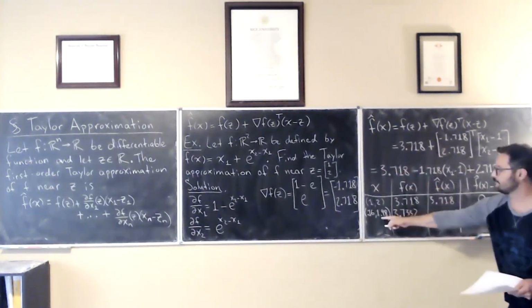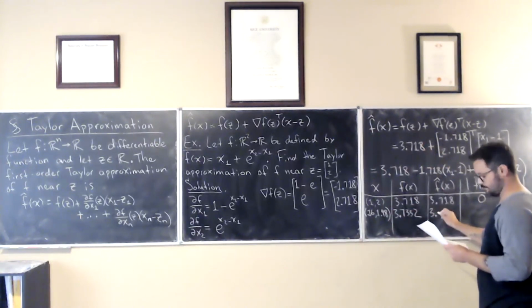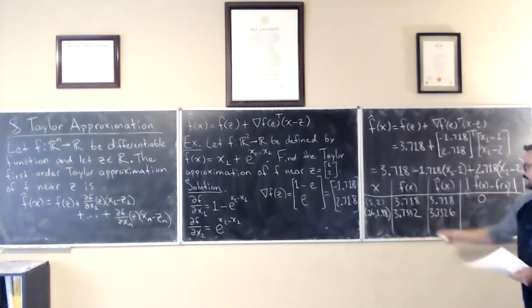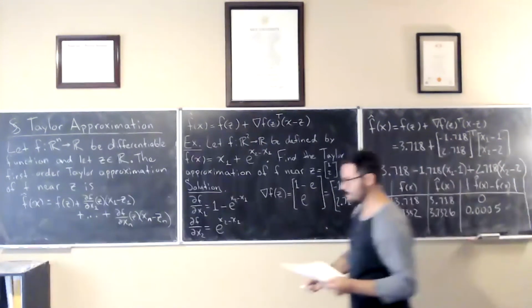If we plug that vector into this function, we get 3.7326, and then that minus that in absolute value gives us 0.0005. So that's our error, and that's a tiny little error, right?